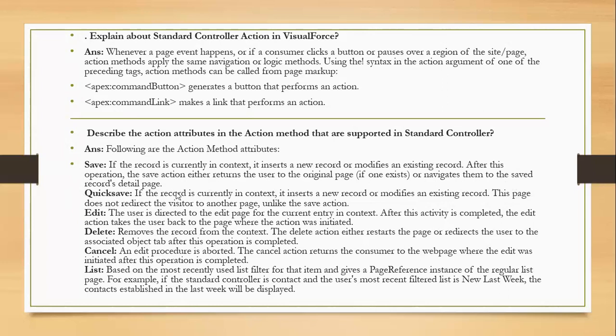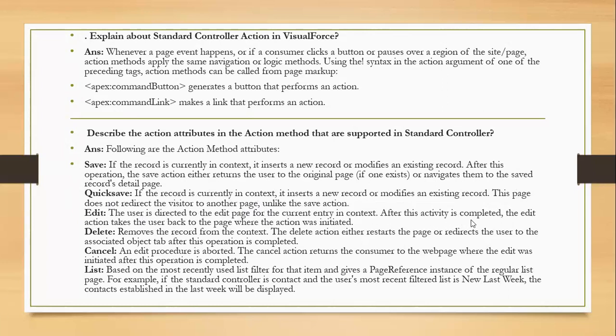Quick save: if the record currently in context is new, it inserts a new record, otherwise it modifies the existing record. This action does not redirect the visitor to another page and applies the same actions. Edit: the user will be directed to the edit page for the current entry in context.